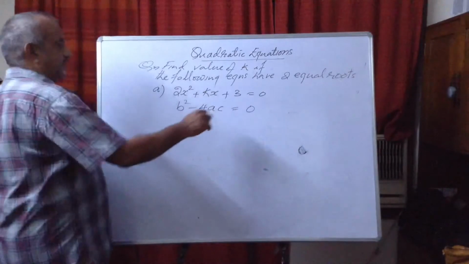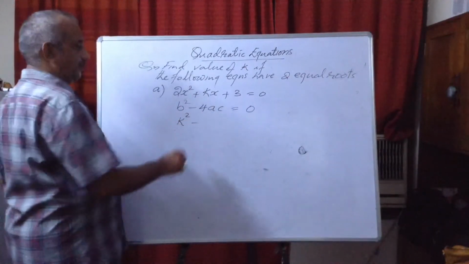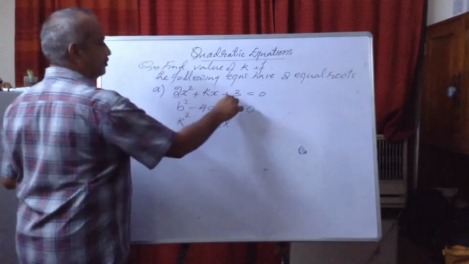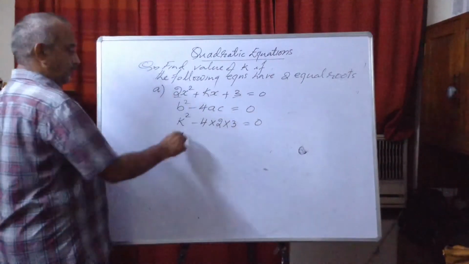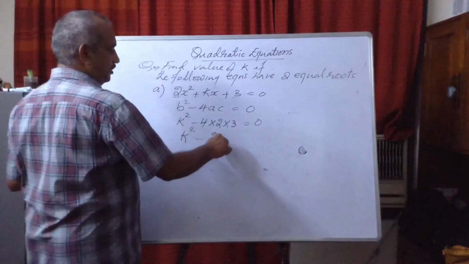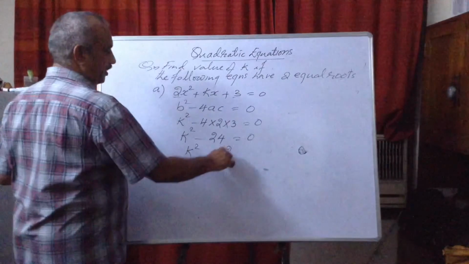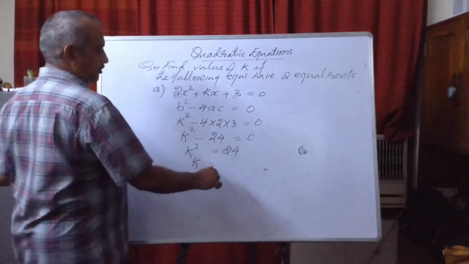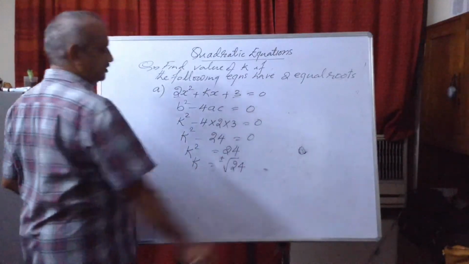So, we will find out b square, k square minus 4ac, 4 into 2 into 3 is equal to 0. Or k square minus 24 is equal to 0. k square is equal to 24, or k is equal to root 24, always plus or minus.